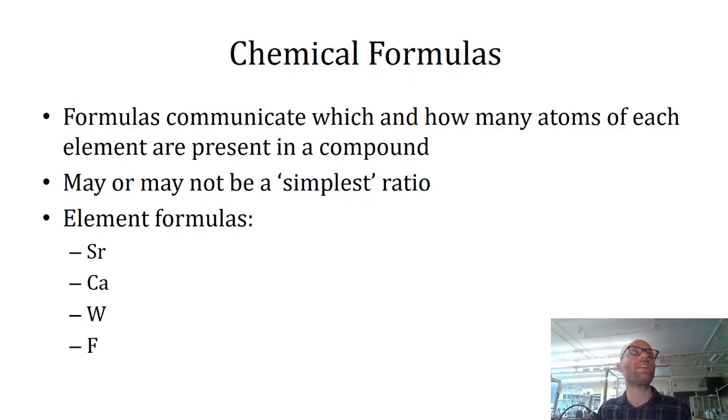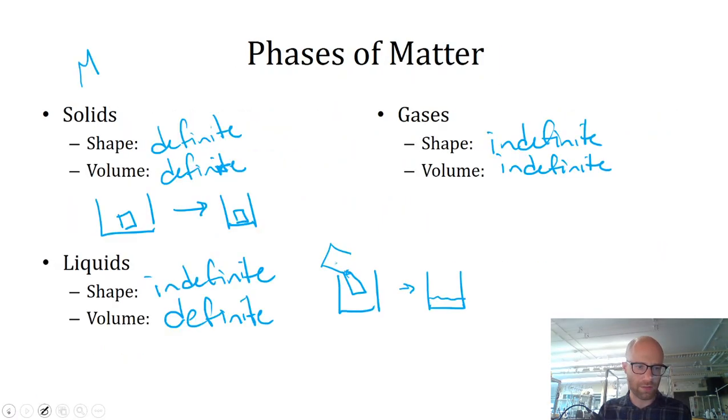This is the kind of thing you see when vacuum pumps get involved, or high and low pressure environments, that a balloon that's sealed can actually change in size even though no matter is going into or out of the balloon. That's what I mean when I say indefinite volume.